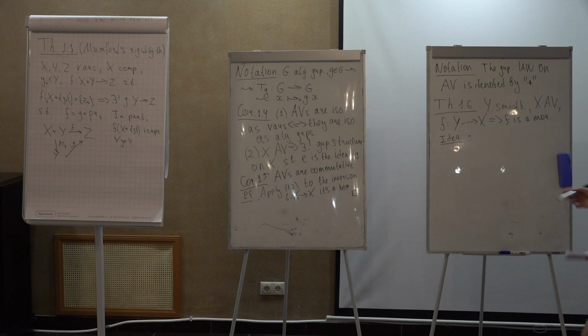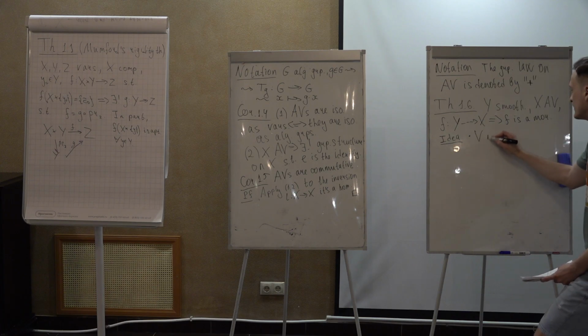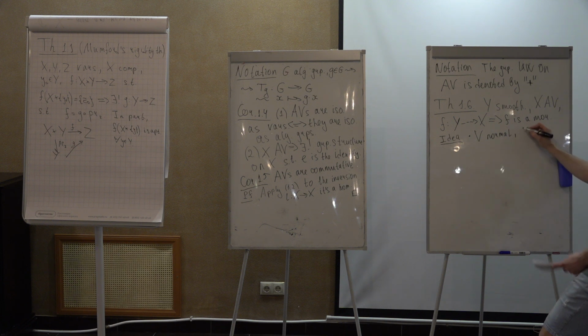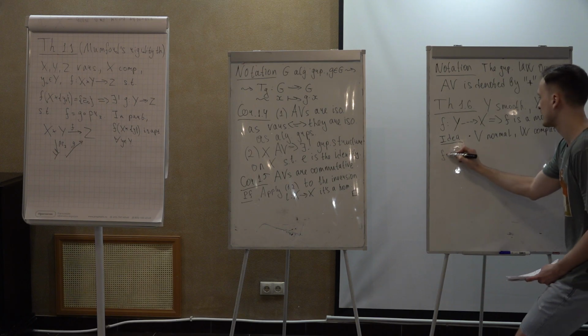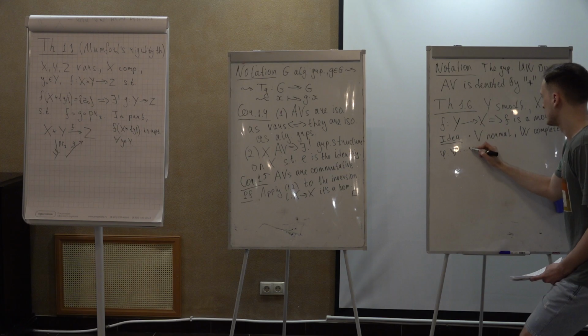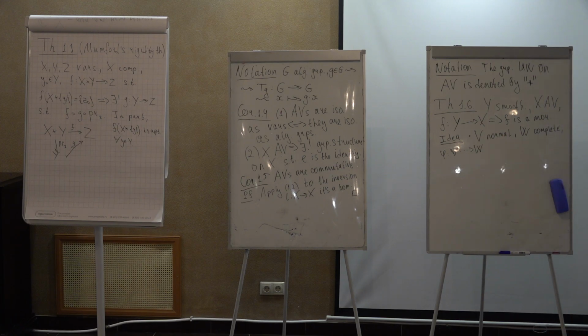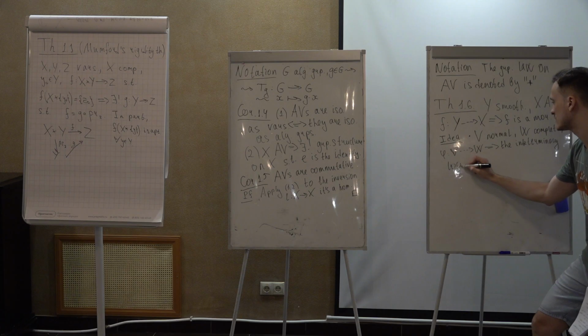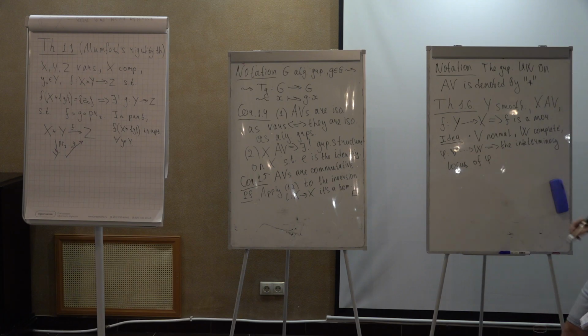The first one being that if I take a normal V and complete W and a rational map from V to W, by phi maybe, then it's a well-known result that the indeterminacy locus of phi, so the set of points where phi is not defined, has codimension at least 2.